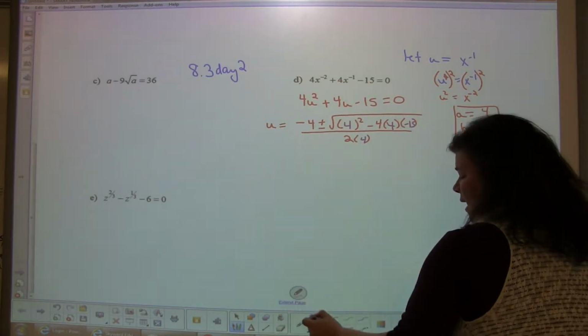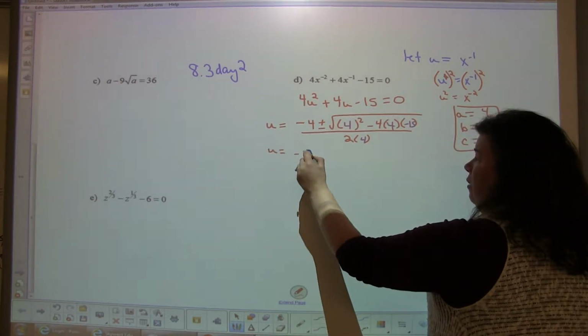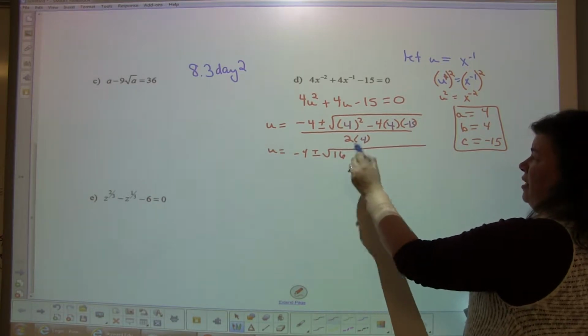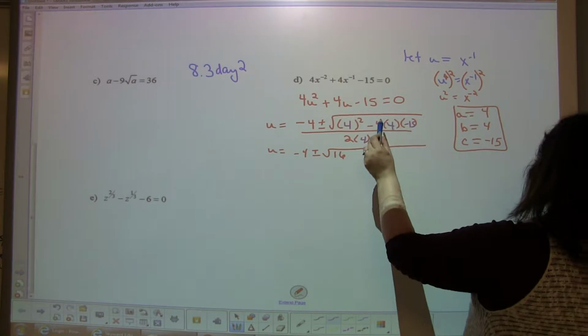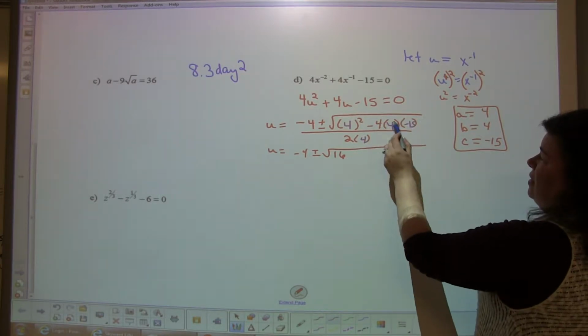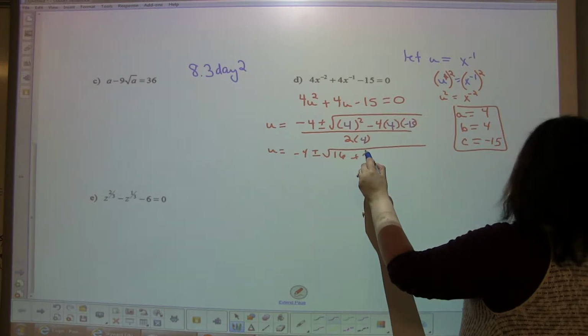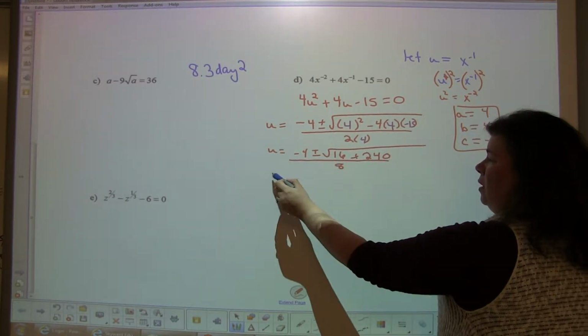If we solve that, we get negative 4 plus and minus. We have 4 squared, which is 16. With 2 negatives, 16 times 15 is a positive 240, all over 8.